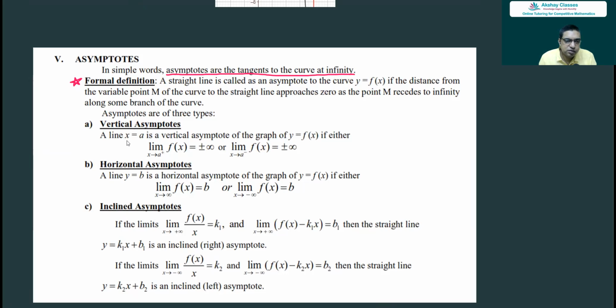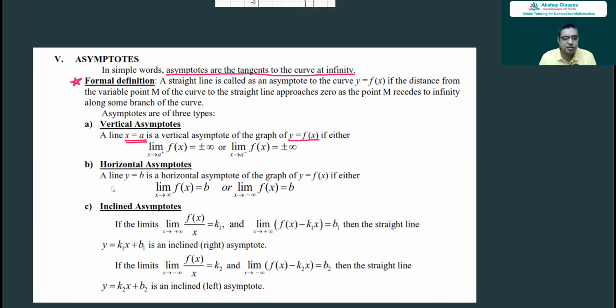A line x equal to a is said to be a vertical asymptote for the graph y equal to f of x if f of x approaches plus or minus infinity as x tends to a, either from the right or from the left.